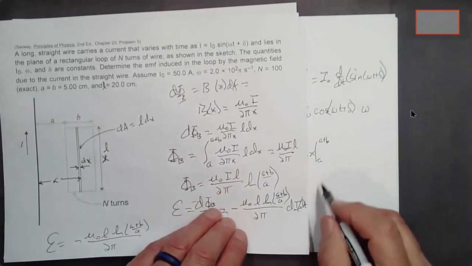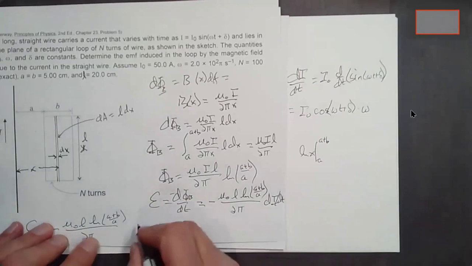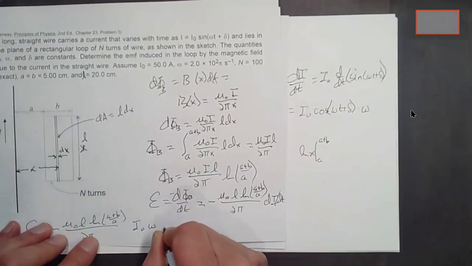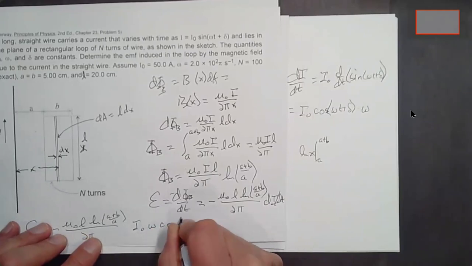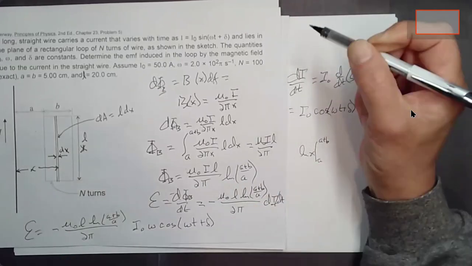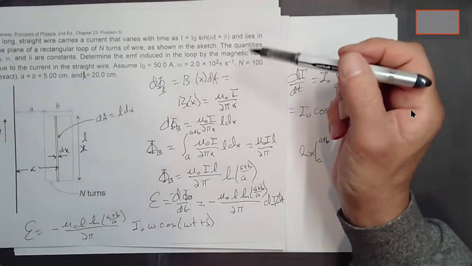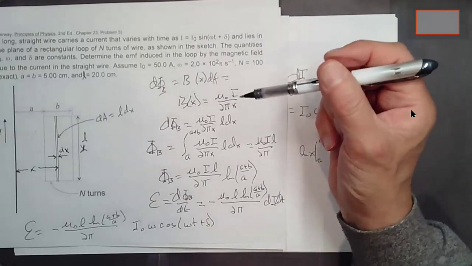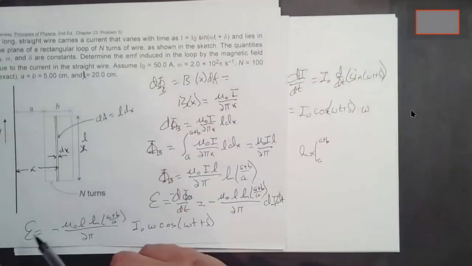That was supposed to be di dt, which is I naught omega cosine of omega t plus delta. So I don't have to figure it out at any particular time. I can just plug in numbers for all these things.